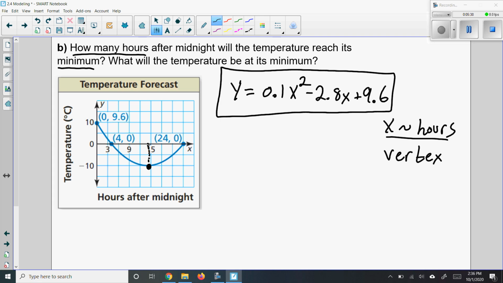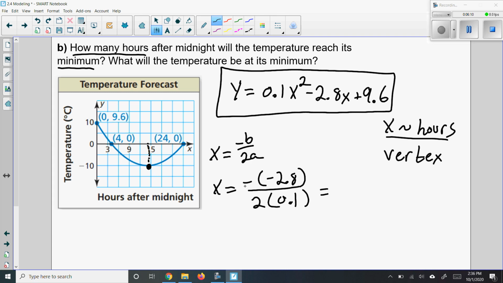So how do you find the x-coordinate of the vertex? Recall this equation. X equals negative b over 2a. That is the x value of the vertex. So x equals negative b. b is negative 2.8. 2a, a is 0.1.